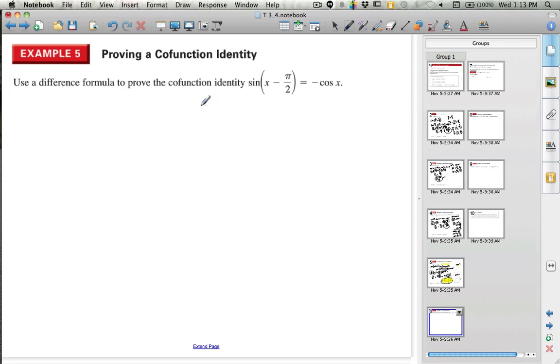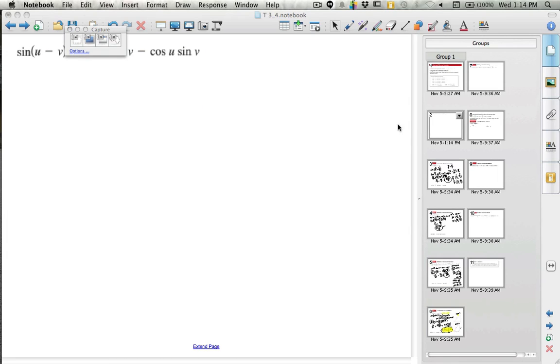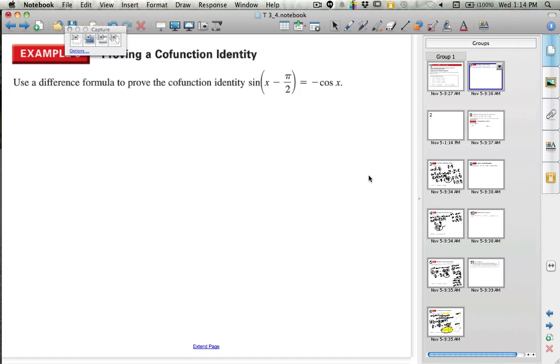All right, so now we'd like to use the difference formula. Again, this is the sine difference formula, so let's get that. There's the sine difference formula. And we're going to put that over here so we make sure we follow it correctly.